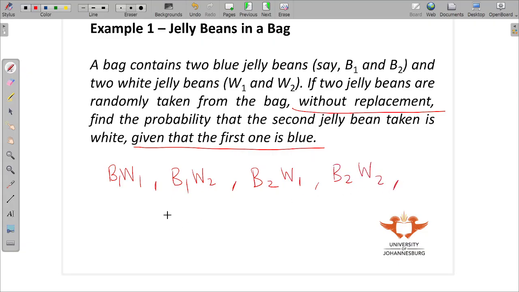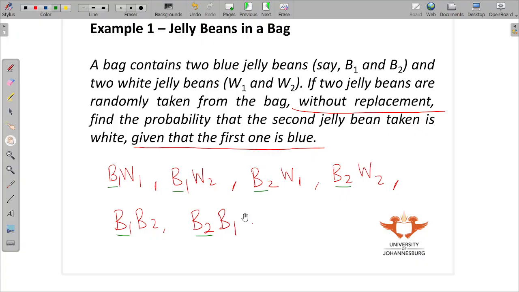But you can also have, in addition, when we take the first one to be blue 1, the second one could be blue 2. The first one blue 2, the second one blue 1. So all these have blue as the first one. We need that given. Blue is the first one for all of them. It's important we include blue first, blue second, but we are looking for blue as the first one for all of them.